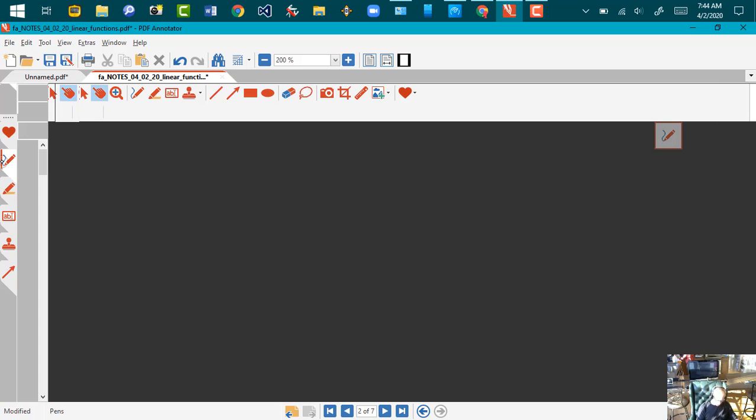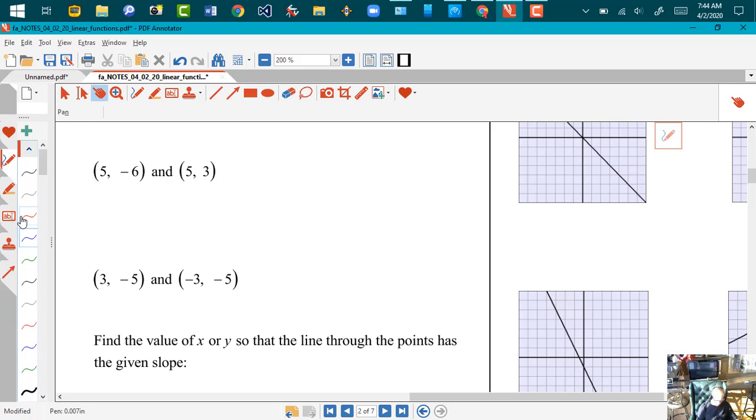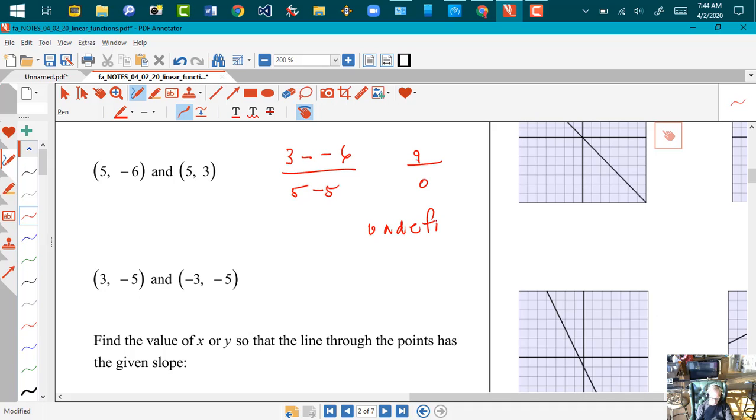Okay, so let's do these other ones as well. This is going to be 3 minus negative 6 over 5 minus 5. So this is going to be undefined slope because it's going to be 9 divided by 0. You can't divide by 0, so you have undefined slope. And then the next one, negative 5 minus negative 5. So that's x1, y1 and x2, y2.